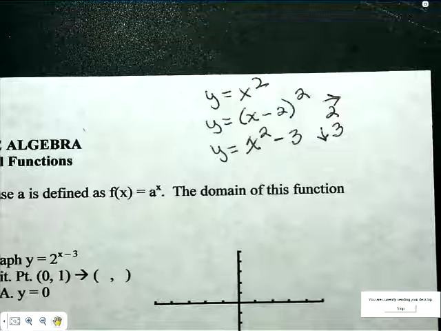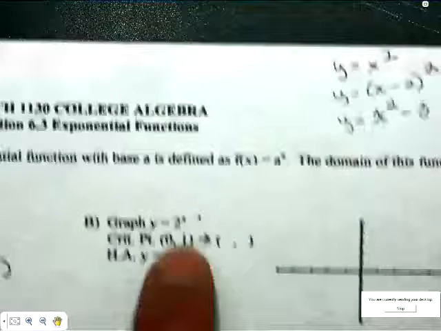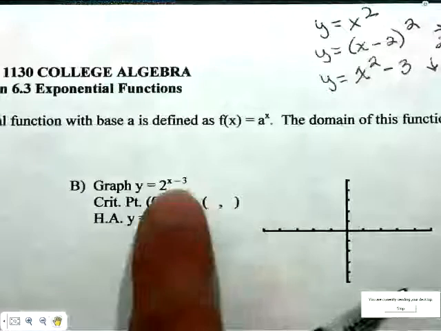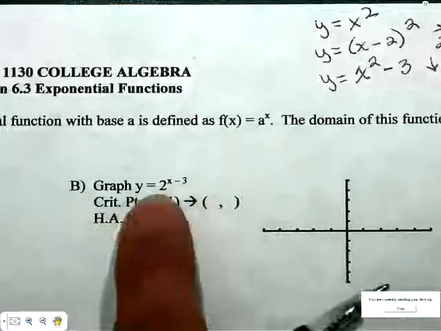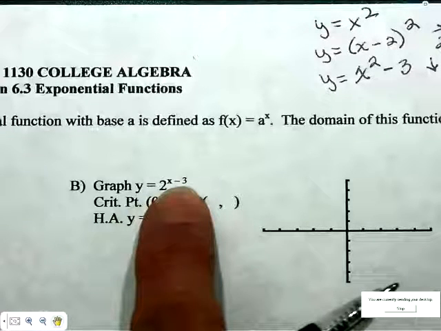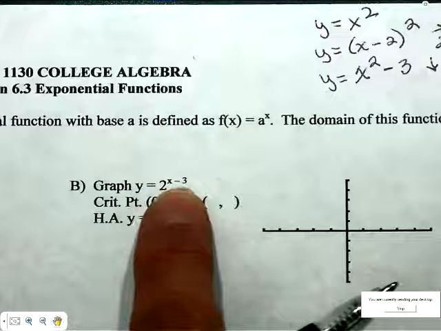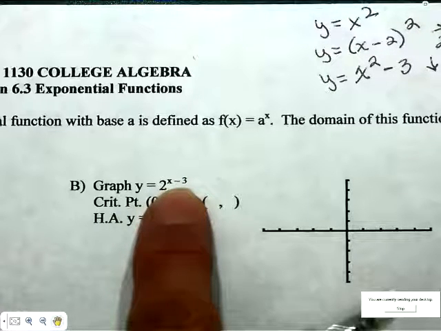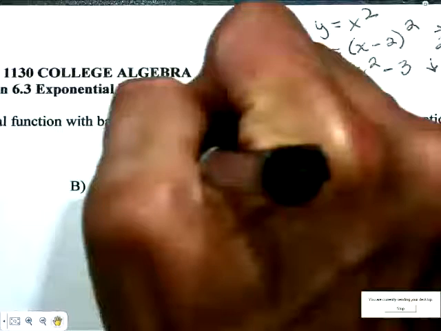All right. So this minus 3 subtracted from x before you do the exponentiation, that's a horizontal shift. And what way do you think it's going to be shifted horizontally, left or right? The horizontal shift has always been the opposite of what we might have guessed. So this actually moves the graph to the right 3.